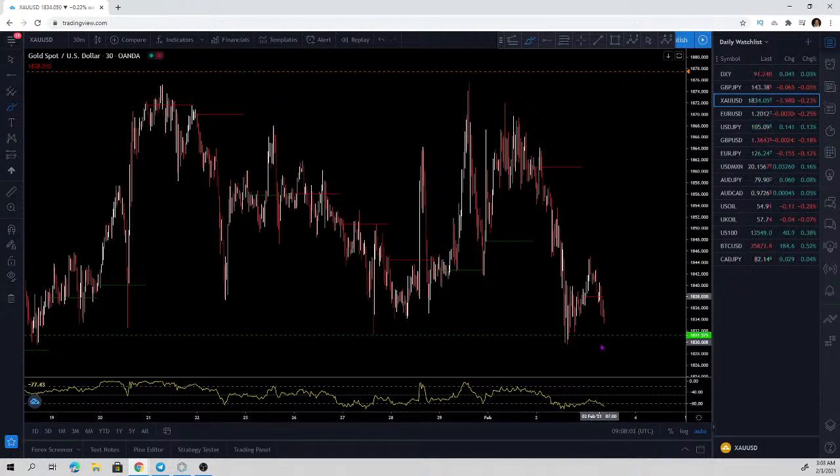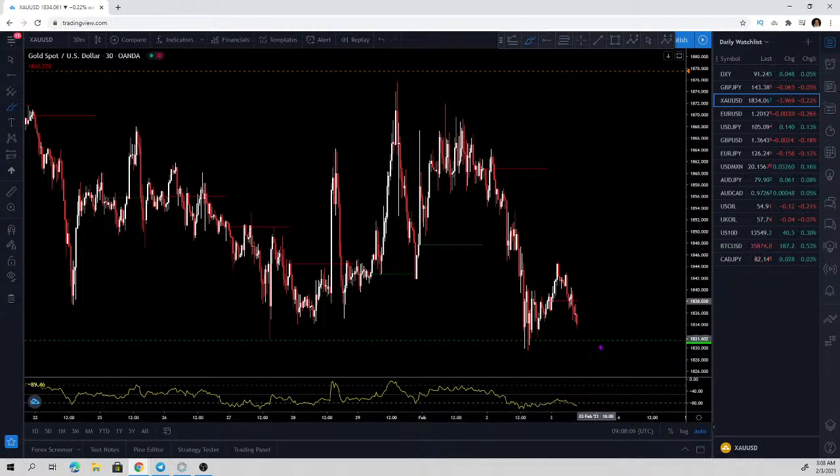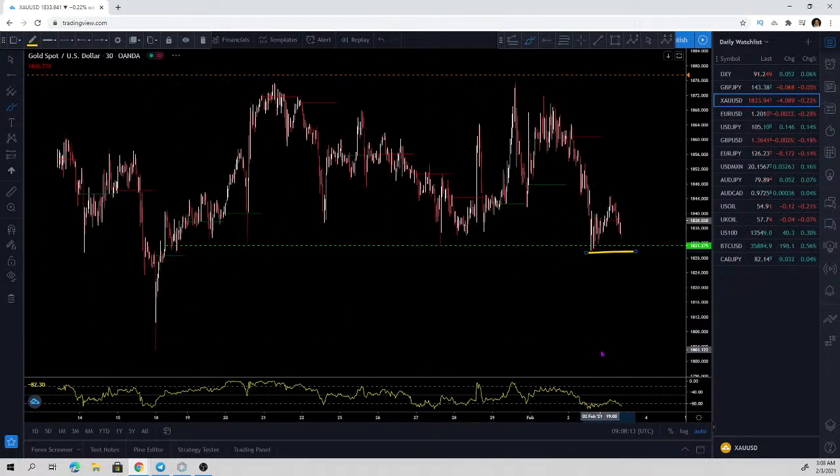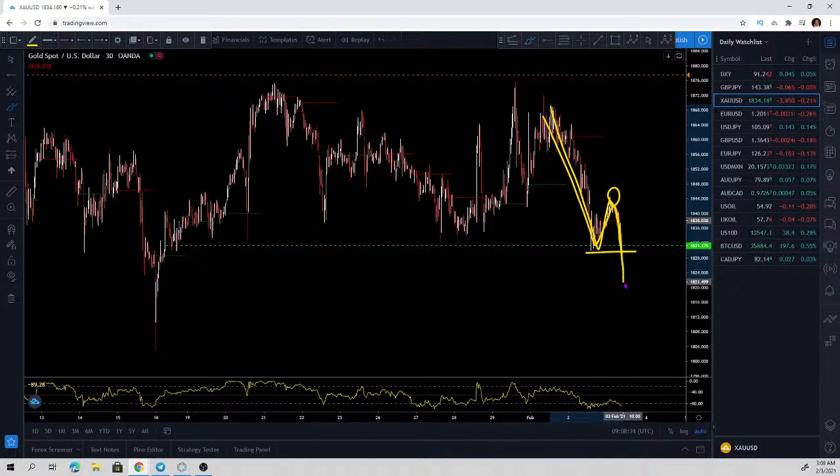Our long trade idea in gold would be invalidated by these lows. Because if price comes down and breaks these lows, you have to look at the market as a structure, right? Right now, we made a lower high, and if price breaks this low, price would be making a lower low.